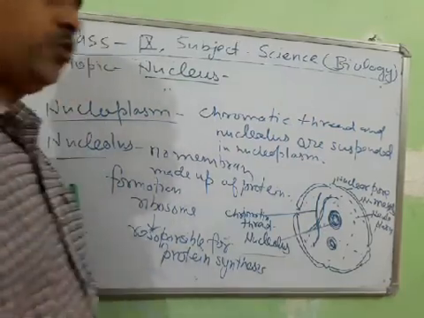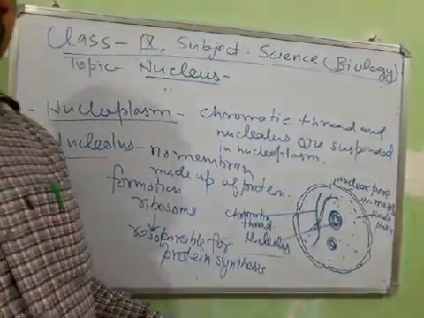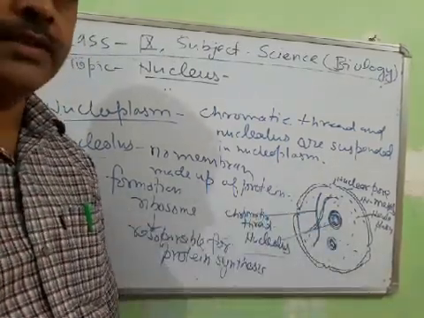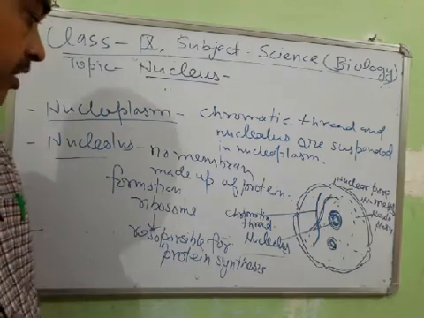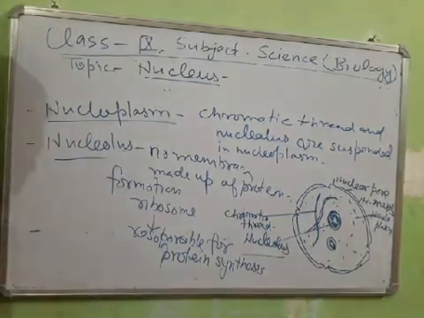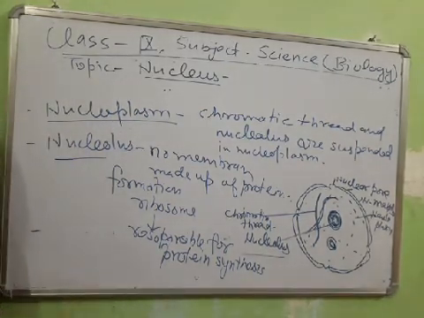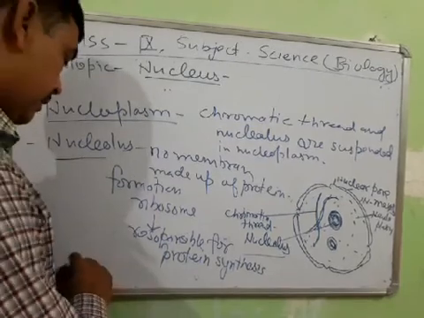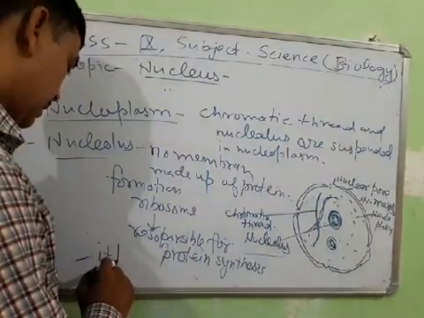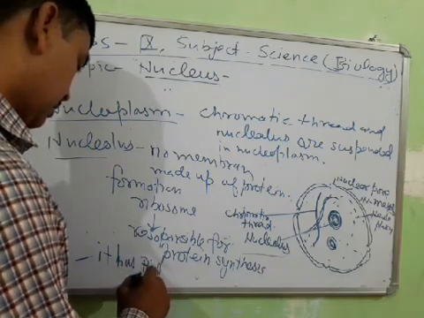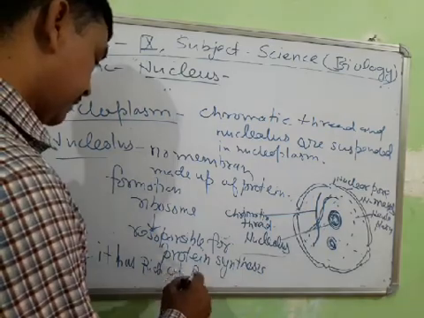So ribosomes originate from, born from where? Nucleolus. So you can write down, made of protein, formation of the ribosome, and also responsible for protein synthesis. And mainly, it is rich in RNA.